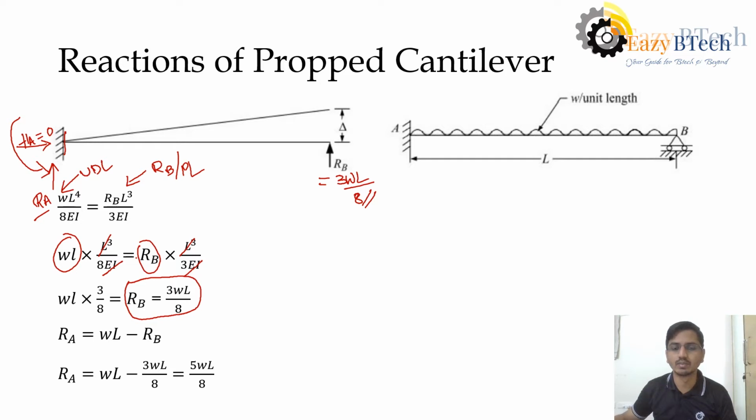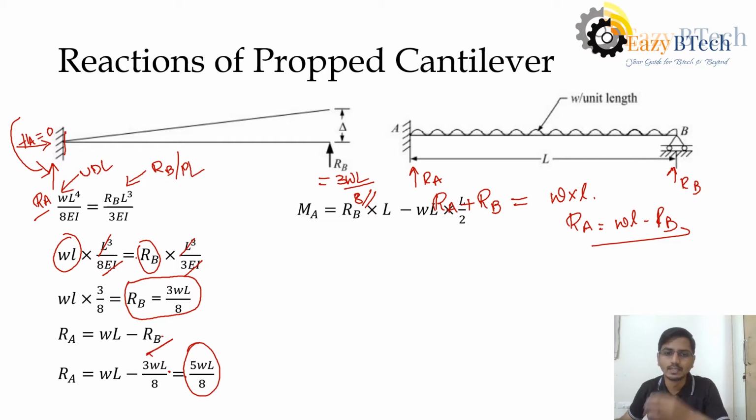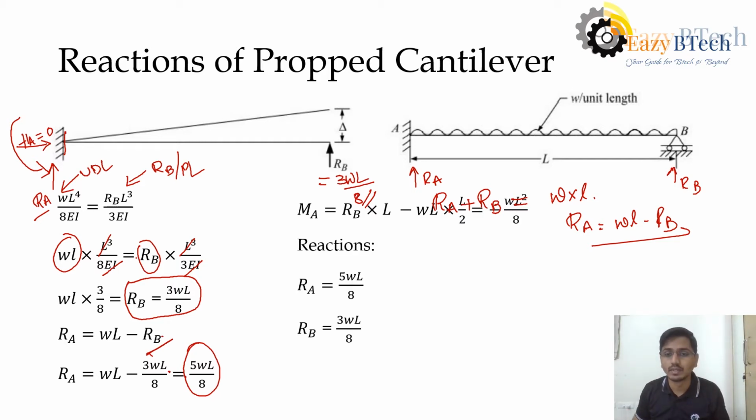If you consider this one, RA plus RB will be equal to the load acting on this, which is W into L. Now from this I can write RA equal to WL minus RB. This is what has been written here. Now I am substituting the RB value here, solving it, I'll get 5WL by 8. Similarly, we need to find out the moment.